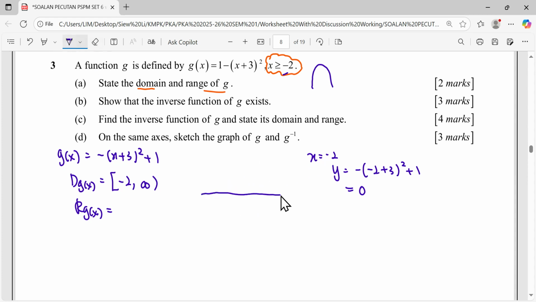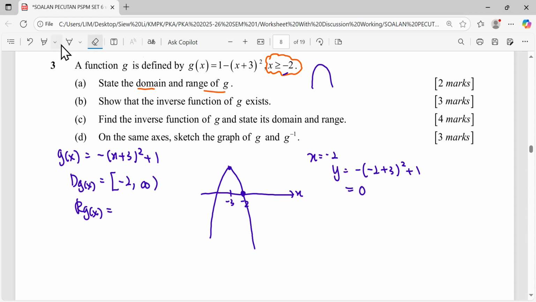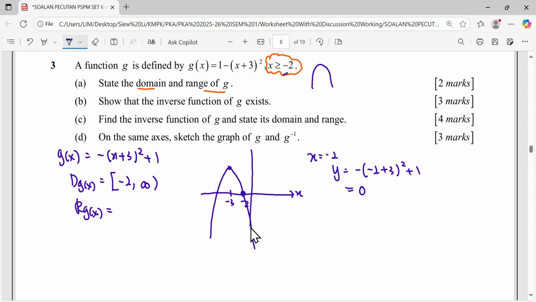Okay, lukis balik. Negative 3, okay, negative 2, negative 1 here, maximum, 1, macam tu, dia punya quadratic macam tu, turun, betul, dia akan sentuh y-axis lah, bagi dekat sikit, macam tu, dia akan sentuh y-axis.